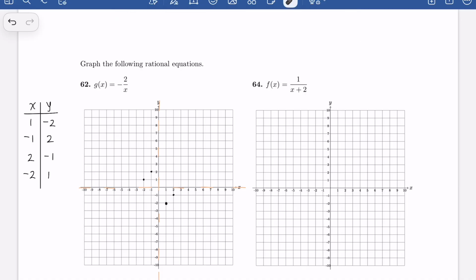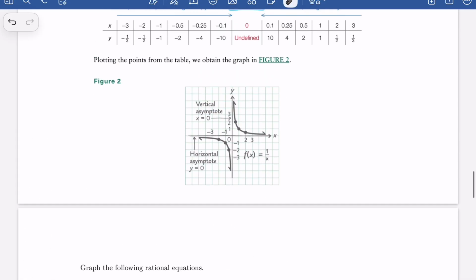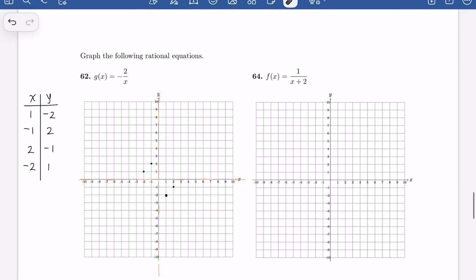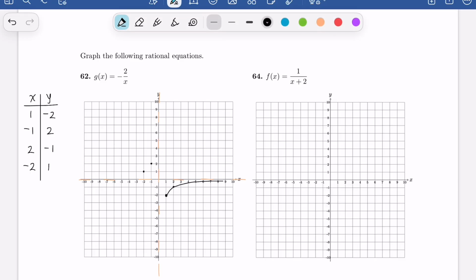Now we know the behavior of this graph. We know that it's going to behave similar to this. It's not going to cross these vertical and horizontal asymptotes. As we increase our x values in this direction, the values are going to get really, really close to our x-axis but not touch it.